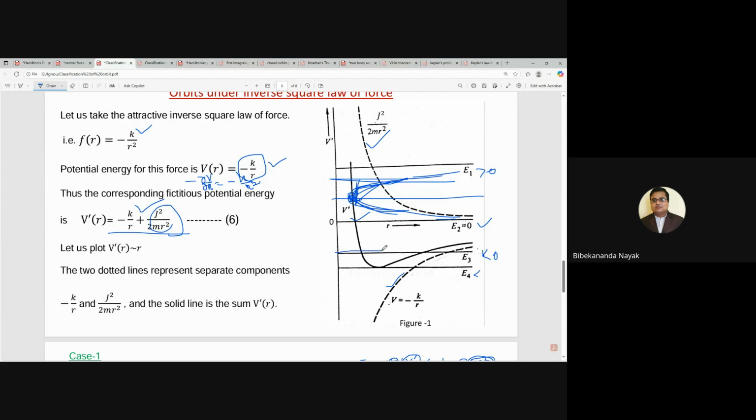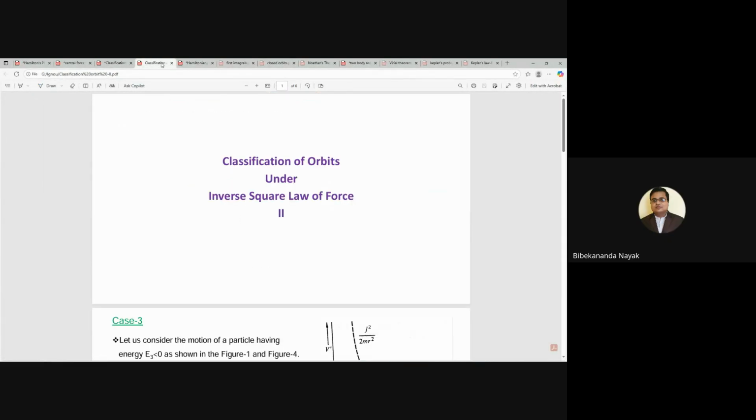But in the third case, when it becomes more negative, E3, what happens? See, there are two turning points. If someone comes here, then it is again back to here. Again at this point, it will be back to here. So for negative energy, there are two turning points.